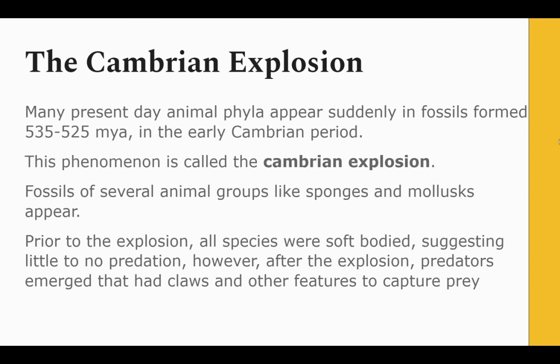This is the first time we are getting predatory elements in organisms, right? So this is called the Cambrian explosion because it is in the Cambrian period and it is a lot of organisms all developing all at once. So this is animal groups like sponges and mollusks. So we are starting to see things that look similar to what we see today.